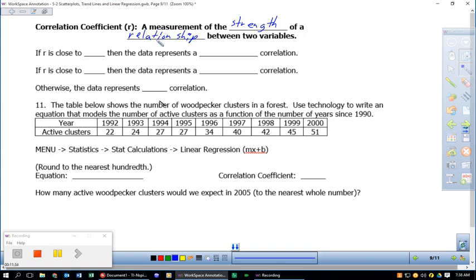R is always between -1 and 1. If R is close to -1, it's a negative correlation. If R is close to +1, it's a positive correlation. Otherwise, the data represents no correlation.